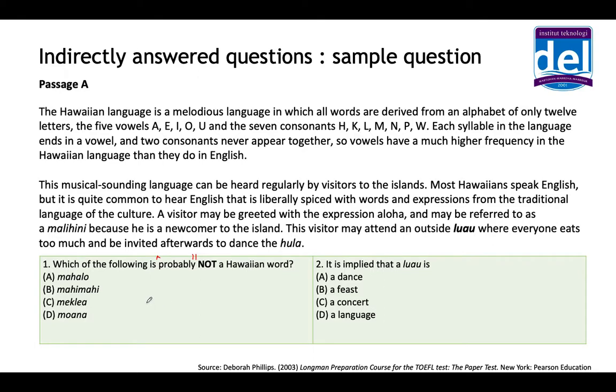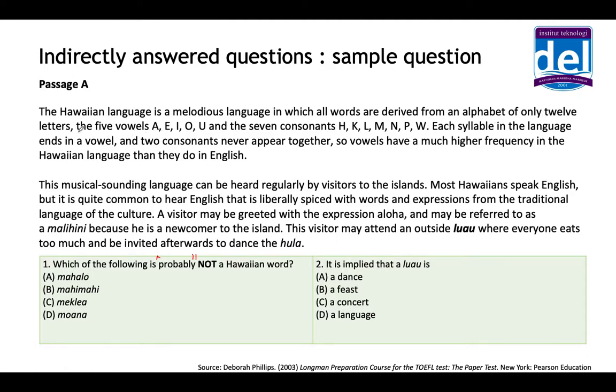The next thing to do is to make inferences based on the statements here, because the question is asking about a word that is not a Hawaiian word. So we read here, the Hawaiian language is a melodious language in which all words are derived from an alphabet of only 12 letters, the 5 vowels.